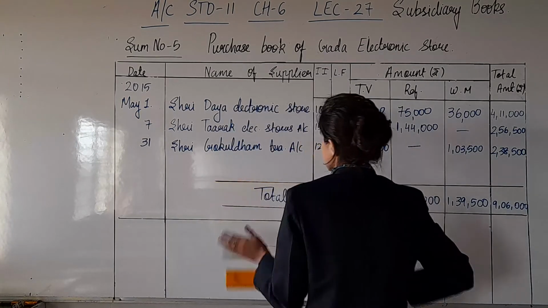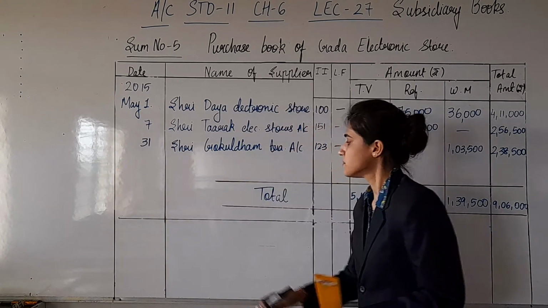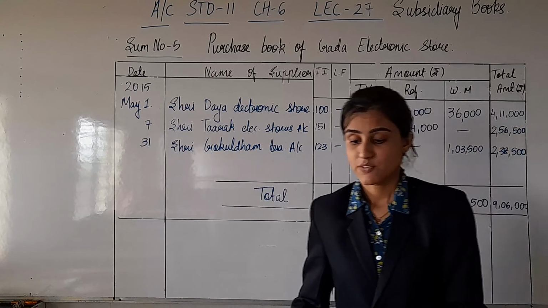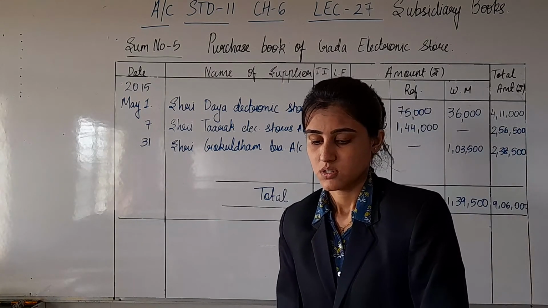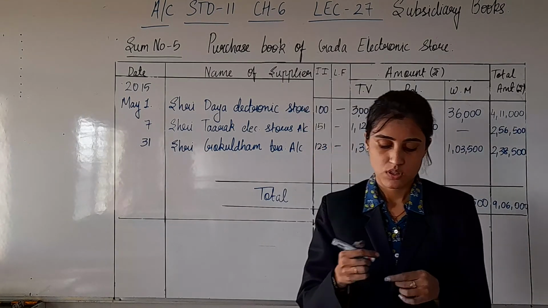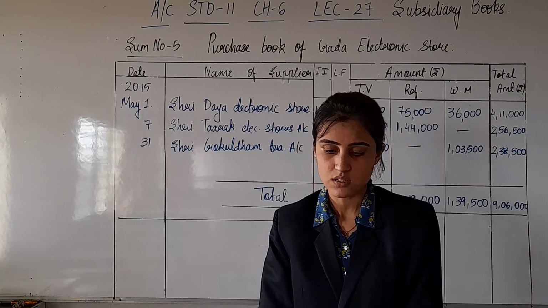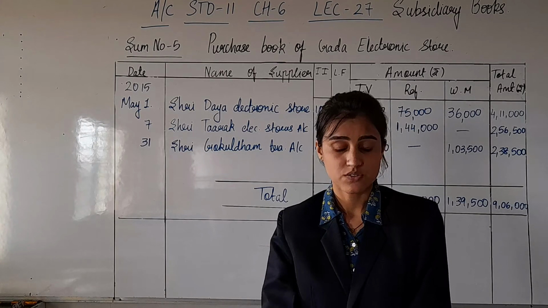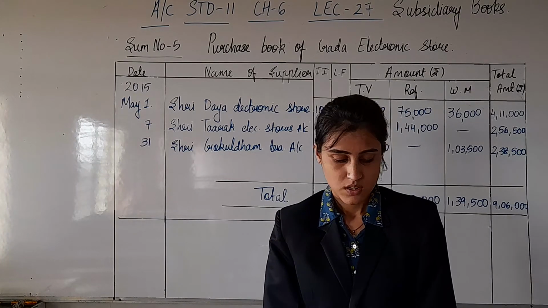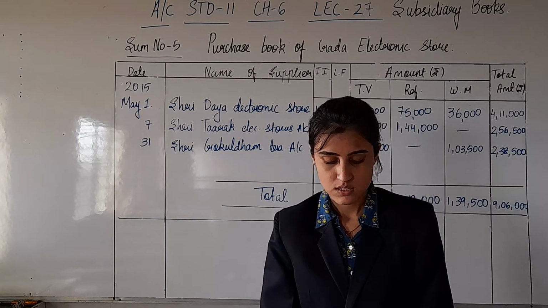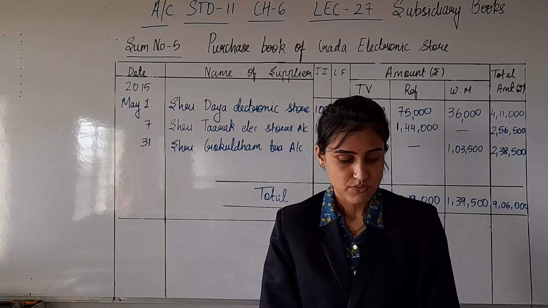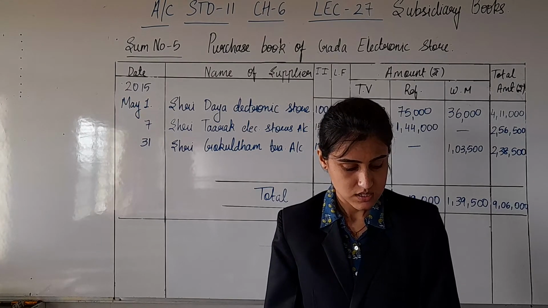Yes, you can stretch these lines up to this side, and I'm not doing it for now. Yeah, so that's all, and yes, we'll just quickly check the answer for 100% satisfaction. Chapter 6 it is, sum number 5 that we are doing from exercise.